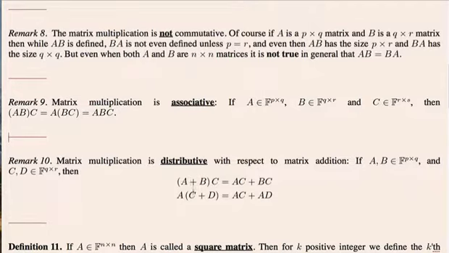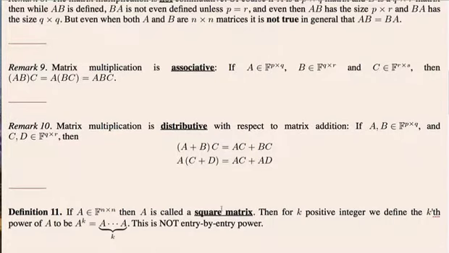And if we multiply a sum from the left with appropriate size matrices, then we also get that A times C plus D is A times C plus A times D. So we can distribute the multiplication through the parentheses.